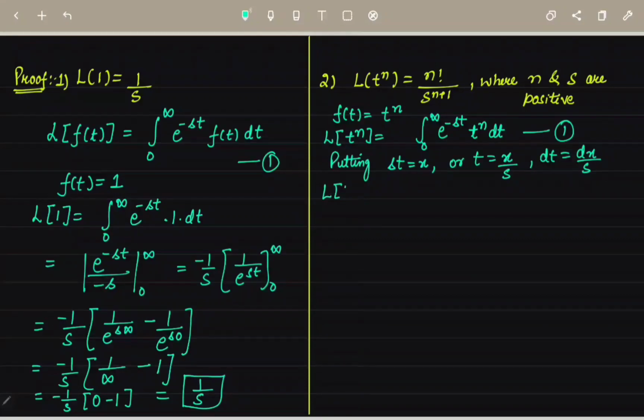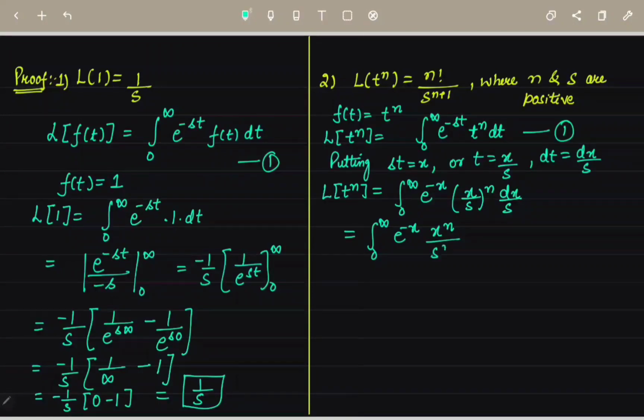We have the Laplace transform of t raised to the power n equal to the integral from 0 to infinity of e raised to the power minus st. Now st is x, so I will write here minus x. Then t is x by s, the whole raised to the power n. Then dt is dx divided by s. So now this will become the integral from 0 to infinity of e raised to the power minus x, then x raised to the power n divided by s raised to the power n, then dx into s.